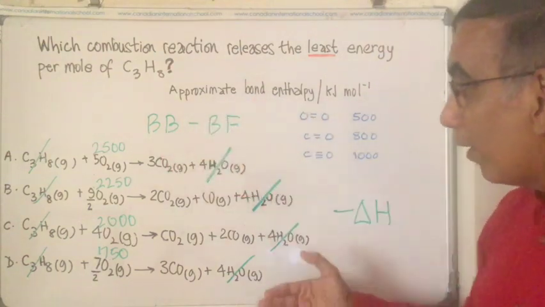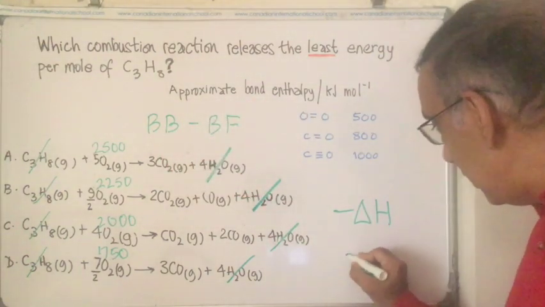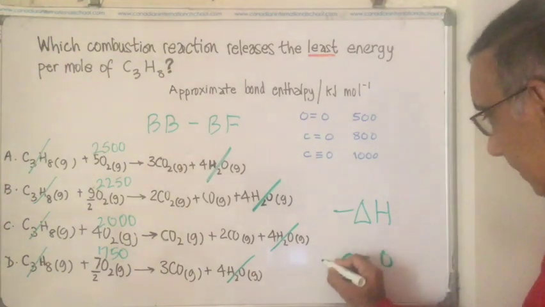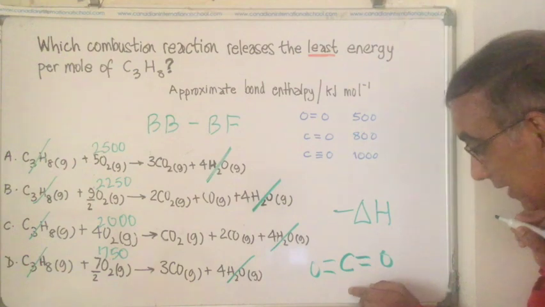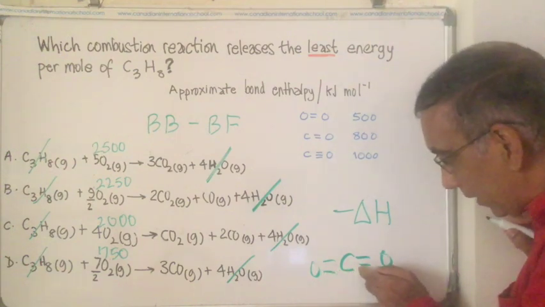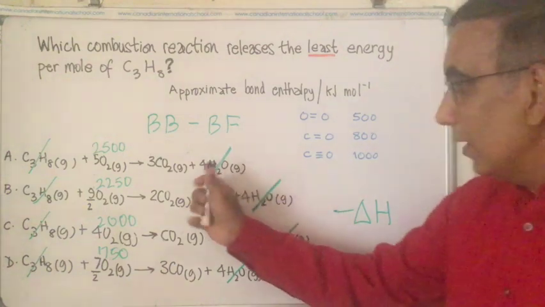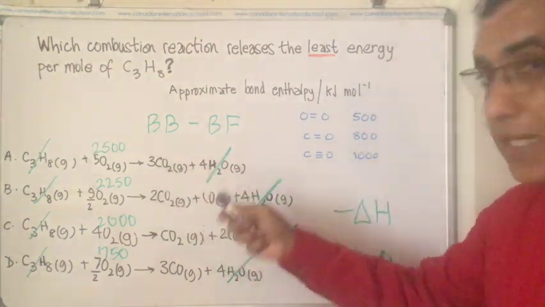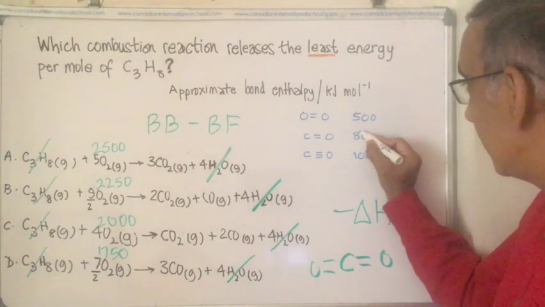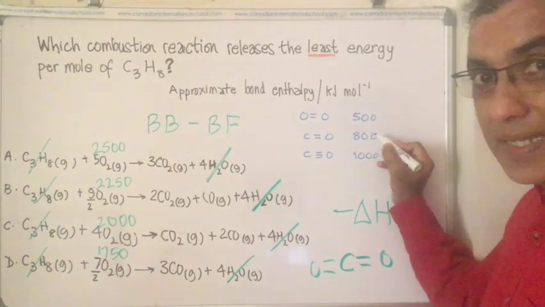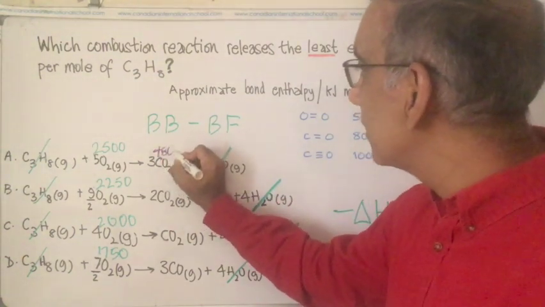Then on the bond forming side now, you have to be careful and remember that CO2 has this structure. So every one molecule of carbon dioxide has 2 carbon to oxygen double bonds. So therefore, for this first one here, 3 CO2s, you're going to take this and multiply it by 6. That's going to give you 4,800.